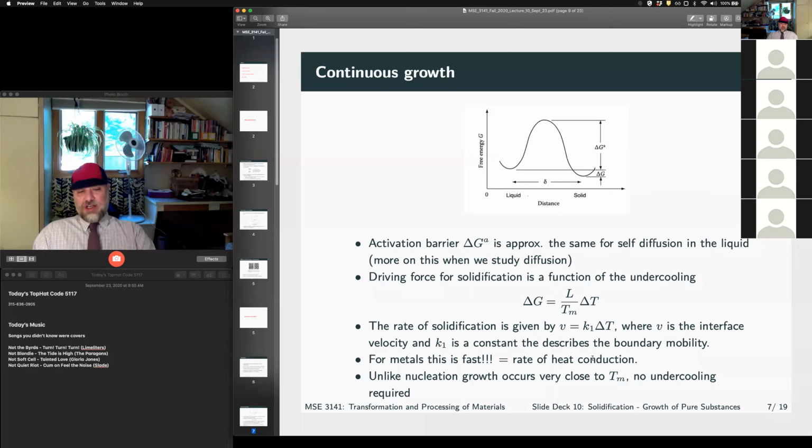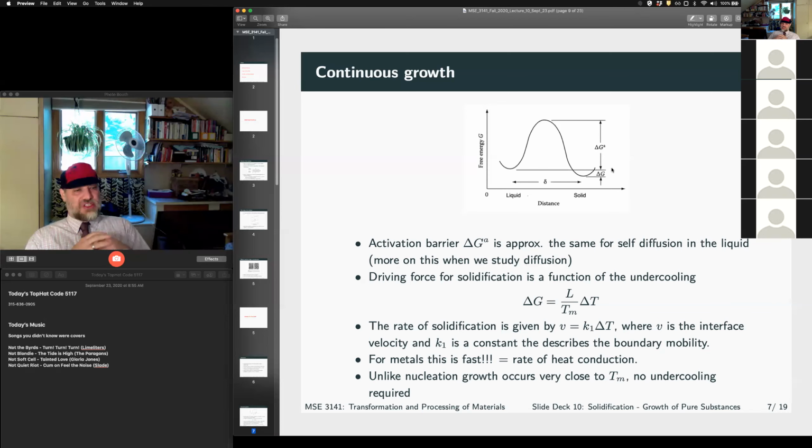Whereas for nucleation, we need a much greater undercooling. So if you think about this, if we're at very small undercoolings, we're going to typically have a much larger grain structure, right? In a metal, we're going to have a much larger grain size because nucleation can be difficult with a small undercooling, but growth is easy.